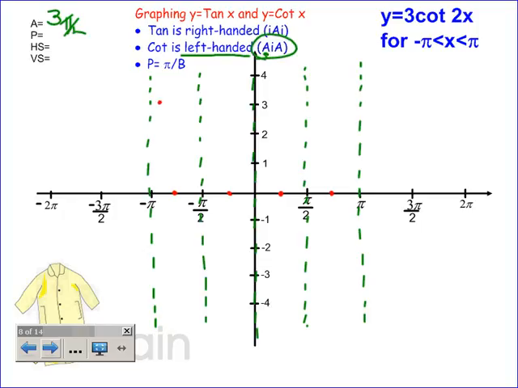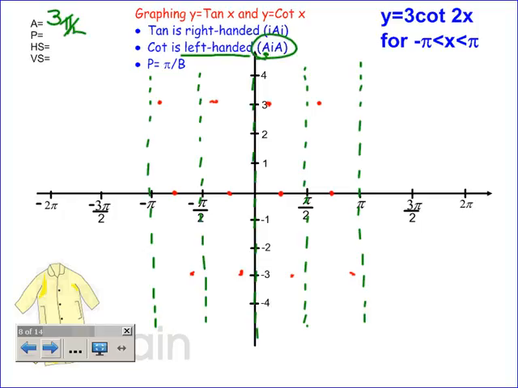To the left of that intercept, we're going up to 3. Here. To the left, we're going up to 3. And to the left, we're going up to 3. So what are we going on the right side? We go down to 3 each time. So you can see those. After you get the pattern going, it's pretty easy to get the next little branch.